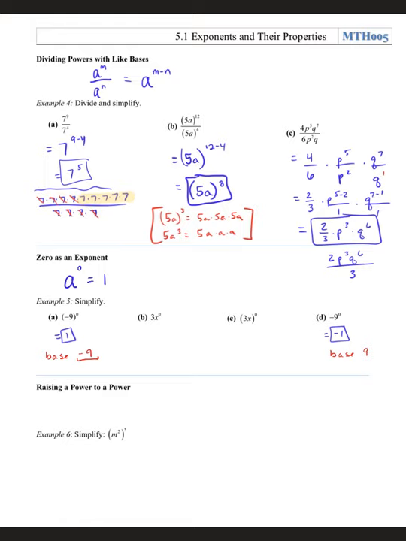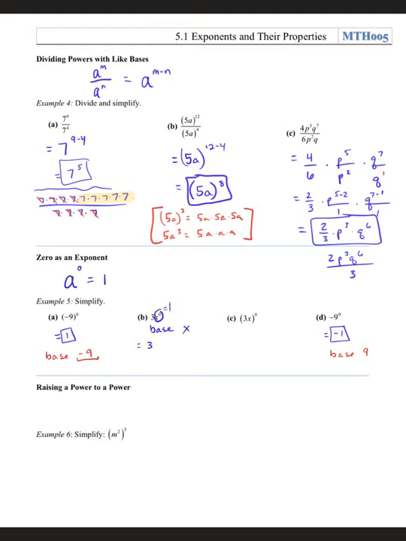So letter B, 3x to the 0 power. What we want to really think about here is what is the base of that 0 power? And for this one, we see that the base of that 0 power is actually just the x. So just this part is going to be equal to a 1.